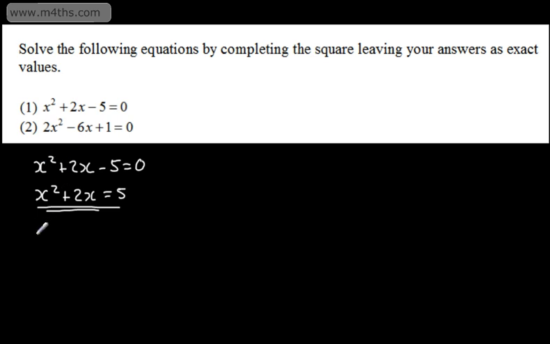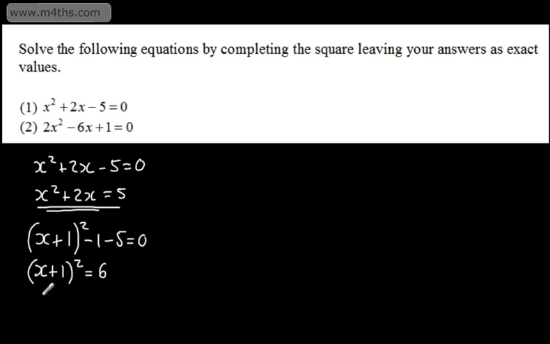What we're going to have is x plus half the coefficient, which is positive 1. We square the bracket. I'm going to subtract away the 1 squared. I've got now minus the other 5, and that's equal to 0. So we can write this now, adding the 5 and 1 to both sides. We're going to have x plus 1 all squared is equal to positive 6.